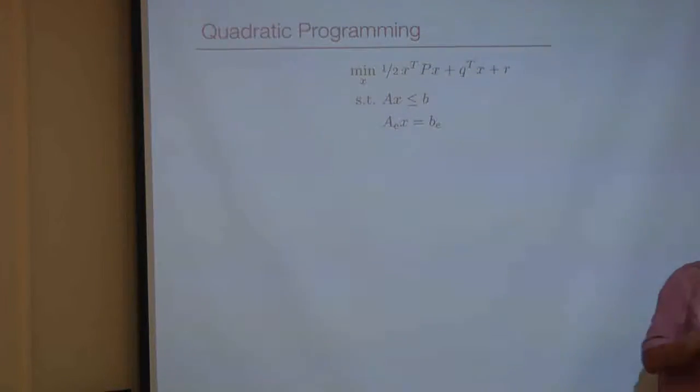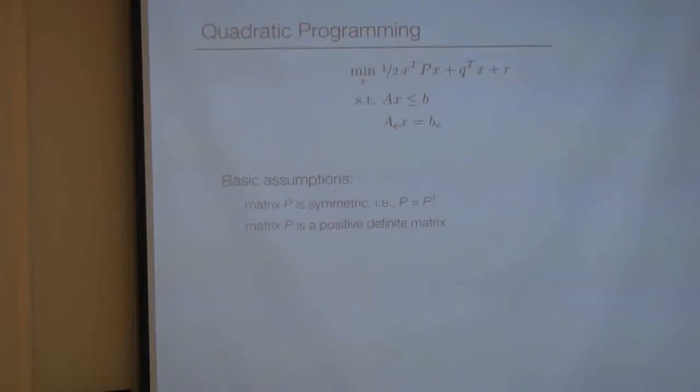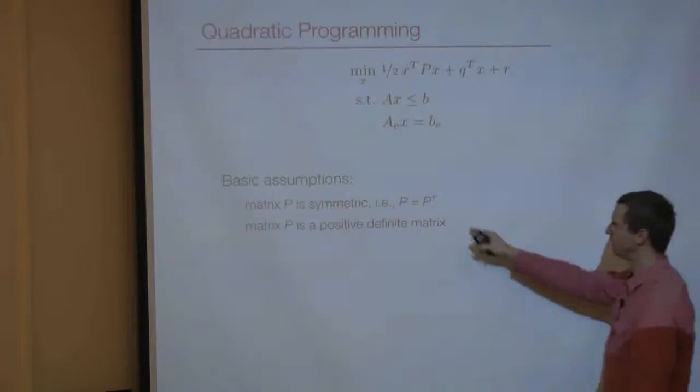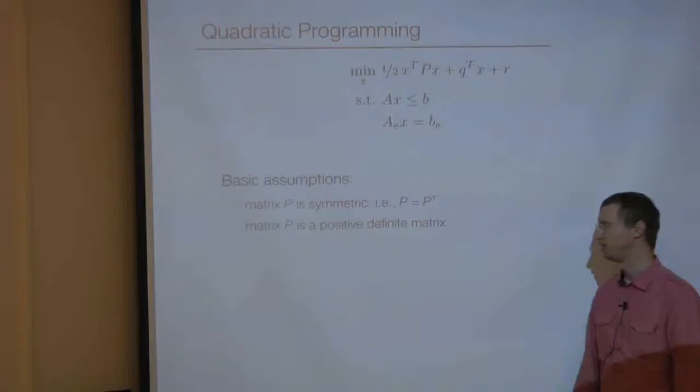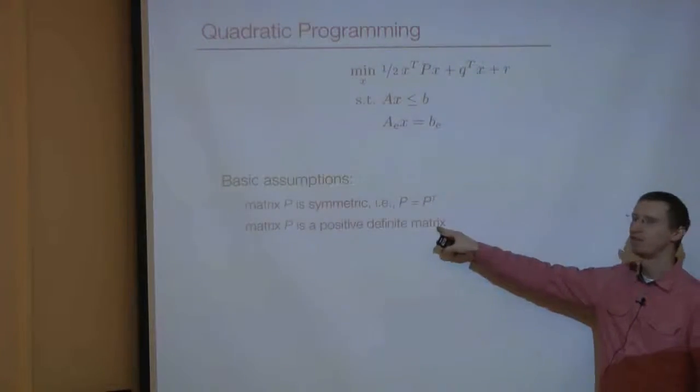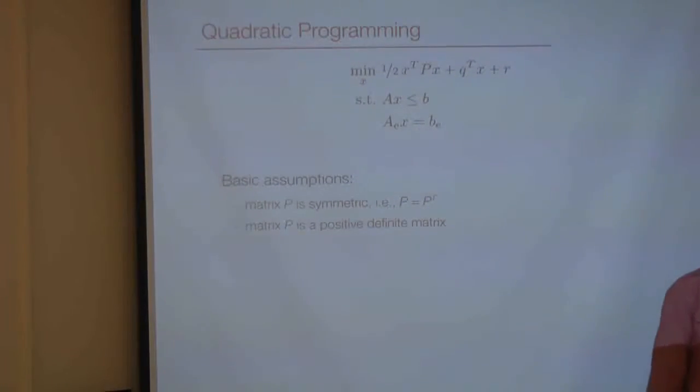Now, if we have a problem like this, we can solve it rather easily, provided the cost function is convex. And the cost function is convex when this P matrix here is a symmetric matrix, meaning the transpose of the matrix is equal to P itself, and P is a positive definite matrix.